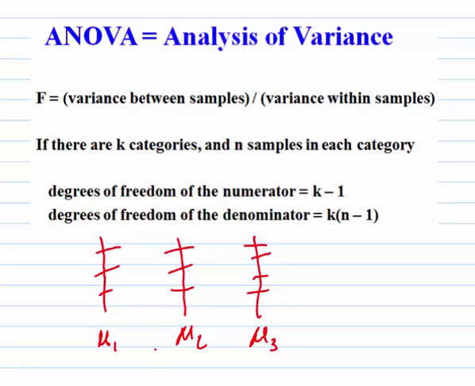Then our variance between samples is going to be much larger than the variance within samples, and we'll be able to say that those three means are actually different.